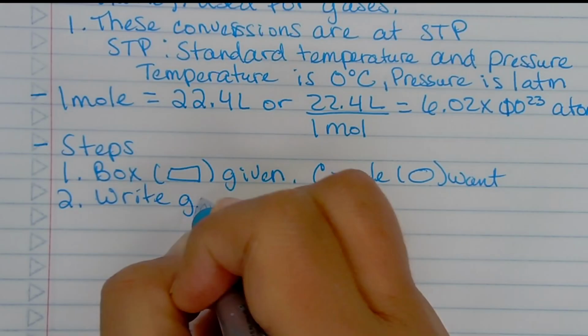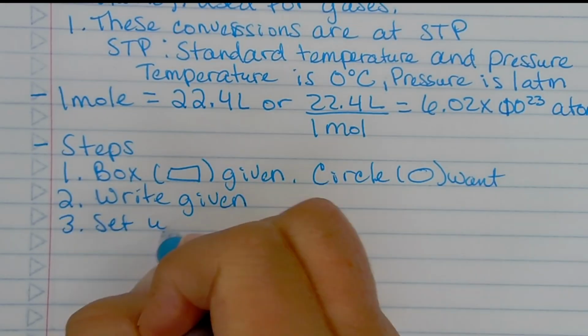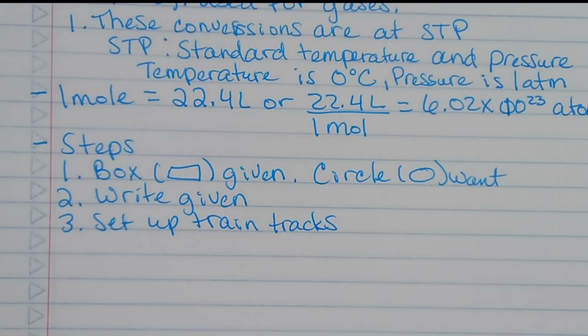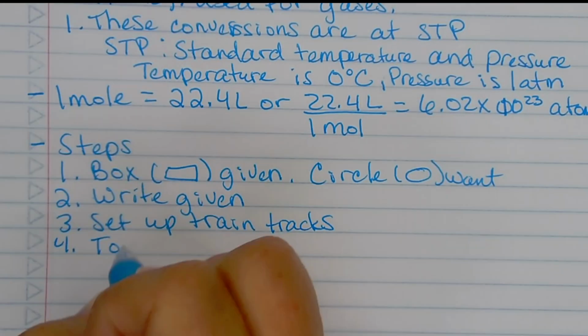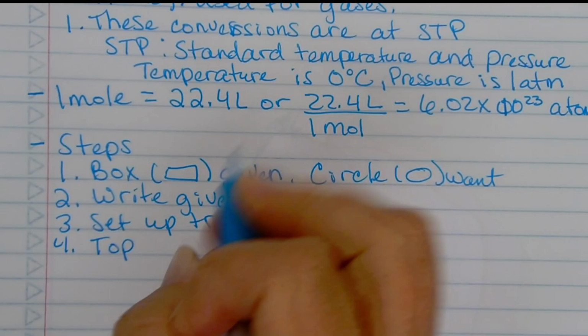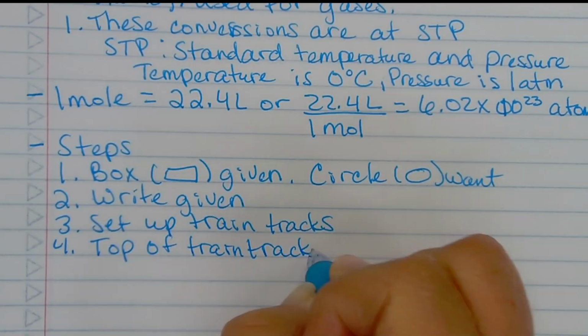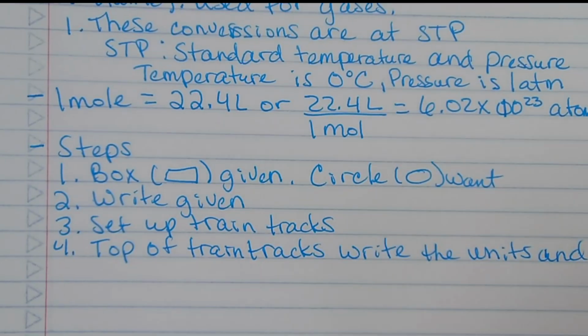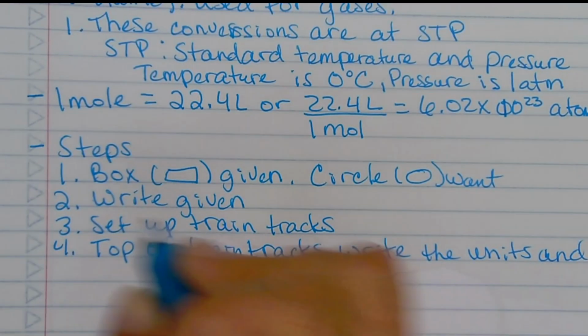We will set up the train tracks. And then on top of the train tracks, write the units and chemical formula of the want.